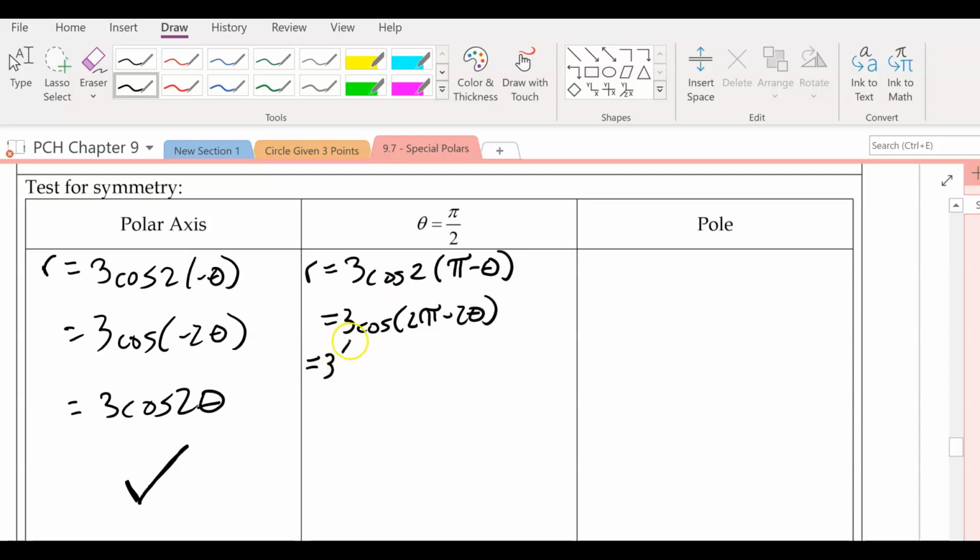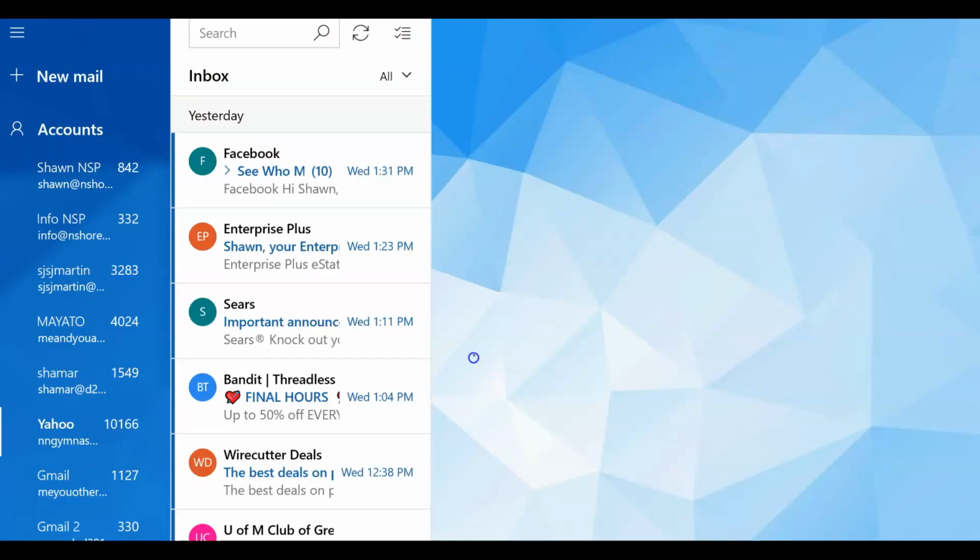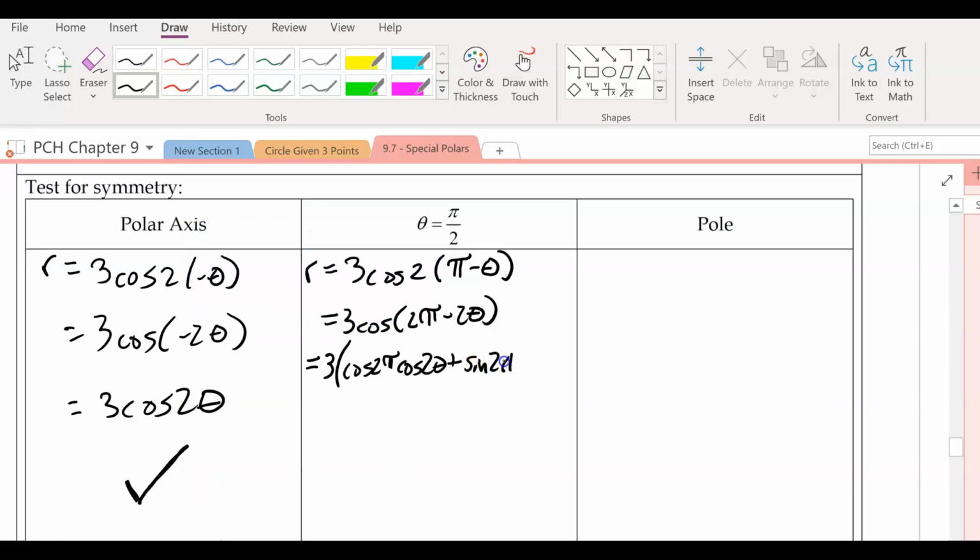So I've got 3 times cosine 2 pi cosine 2 theta plus sine 2 pi sine 2 theta. So this whole thing is going to be 0. Cosine of 2 pi is 1, so this is going to simplify to 3 cosine 2 theta. So it's got theta equals pi over 2 symmetry.